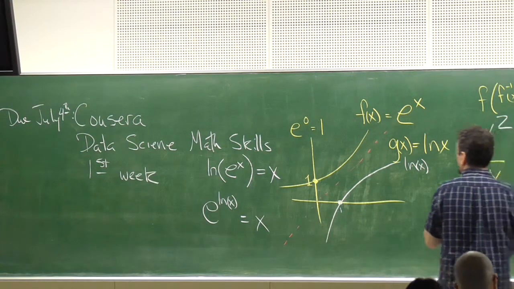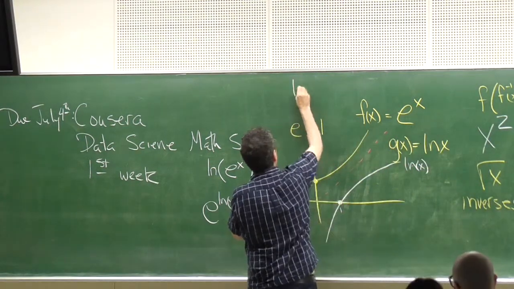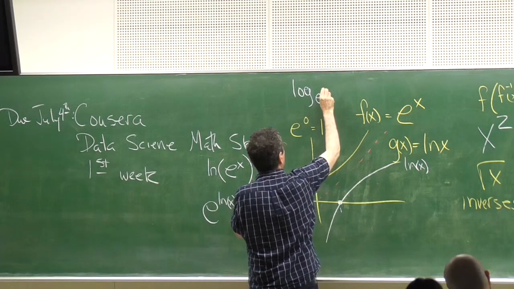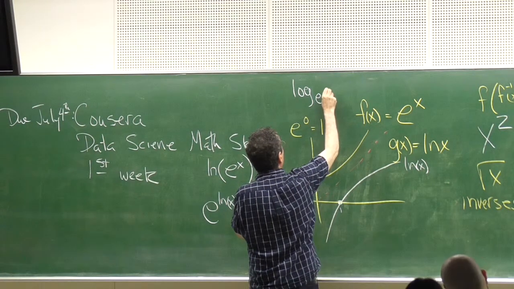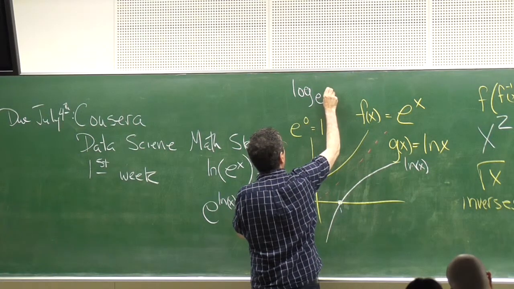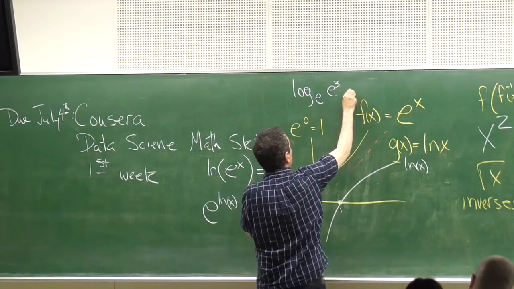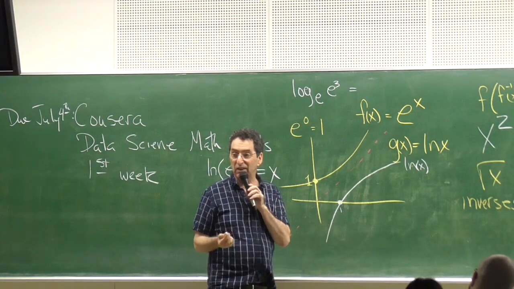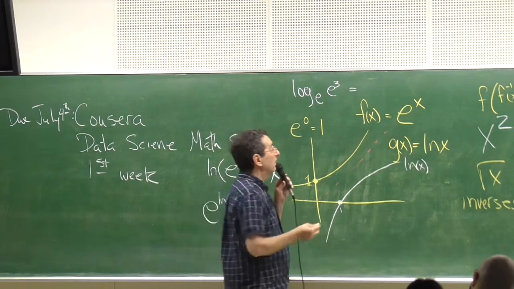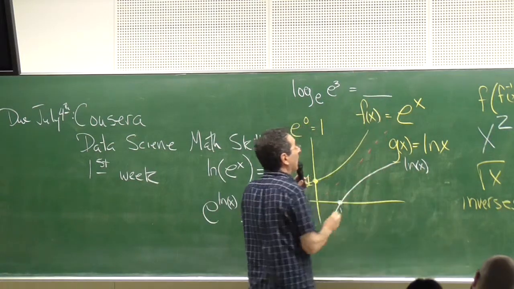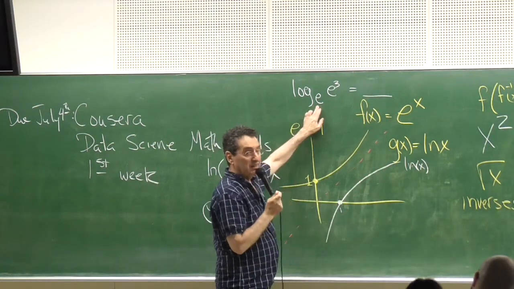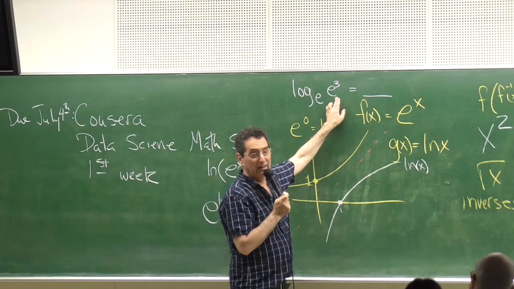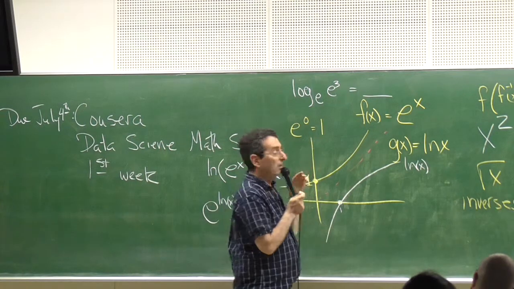So then we can also say that the log base e of e cubed equals, so e cubed is a number, right? e is a number, so e cubed is a number. What do I have to raise e to get e cubed? 3. Okay, so that's 3.